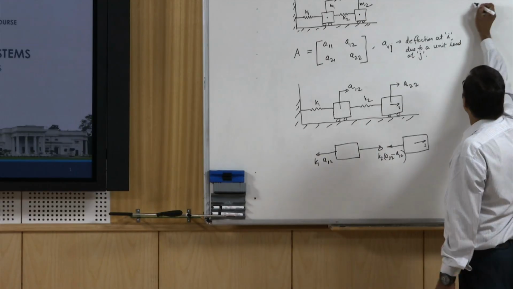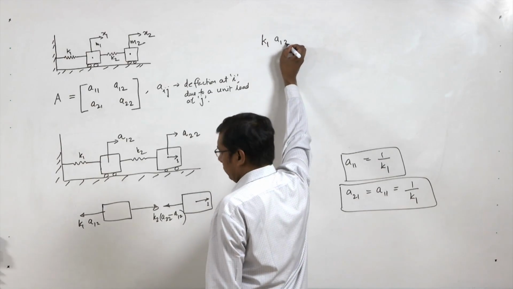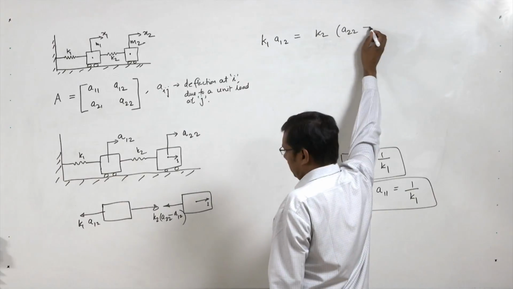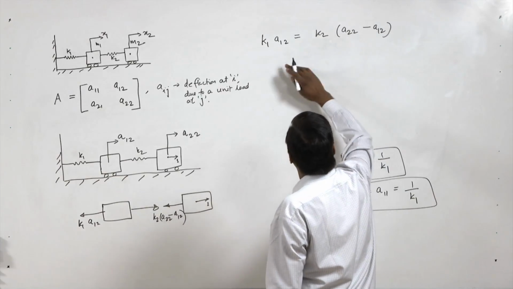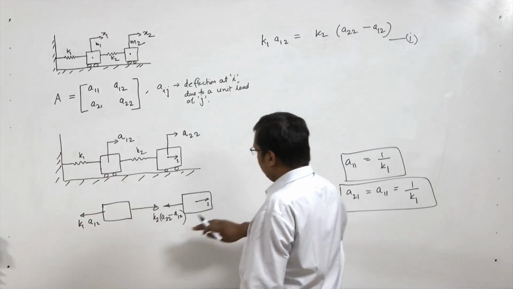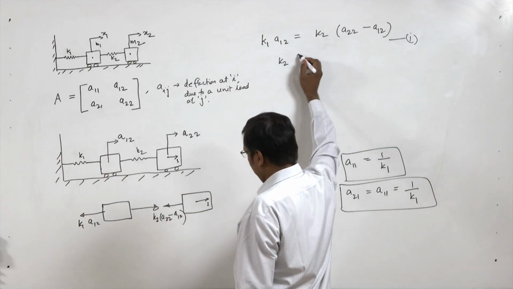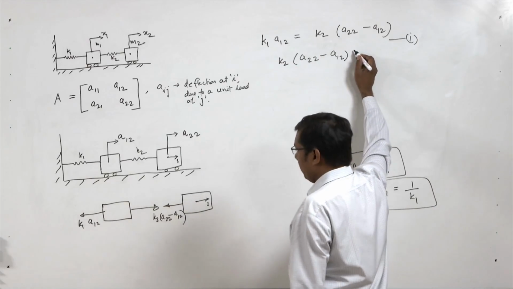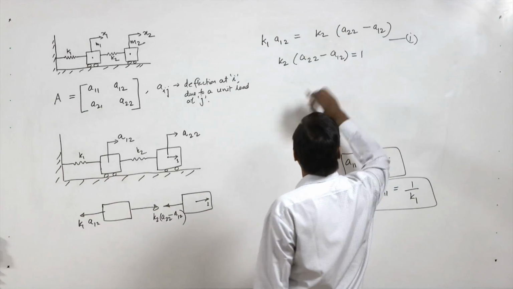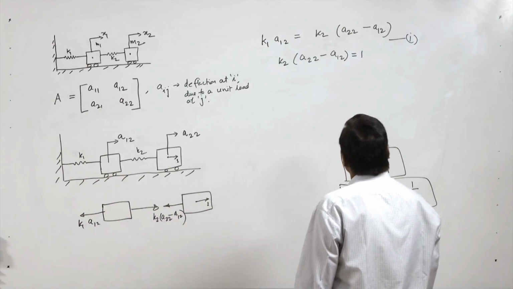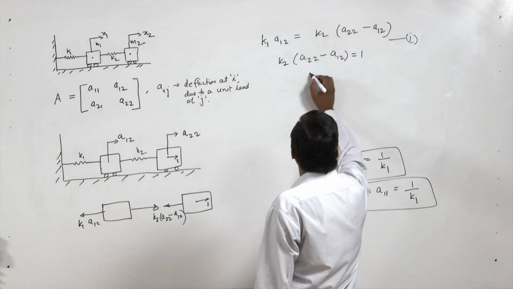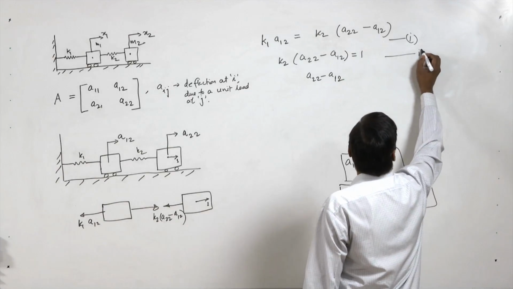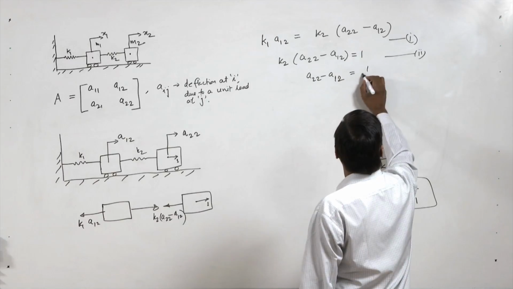So here K1 A12 equal to K2 (A22 minus A12). This is equation number 1. And then K2 (A22 minus A12) equal to 1. This is equation number 2, and from here we will get A22 minus A12 equal to 1 by K2.